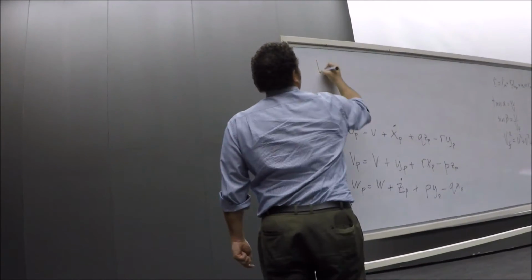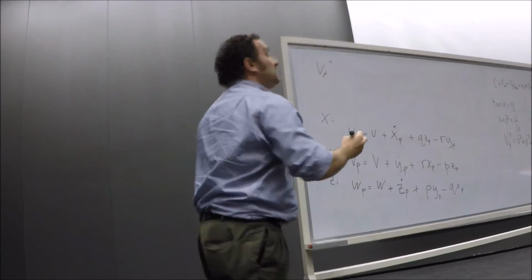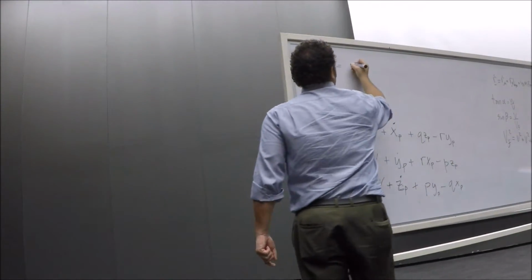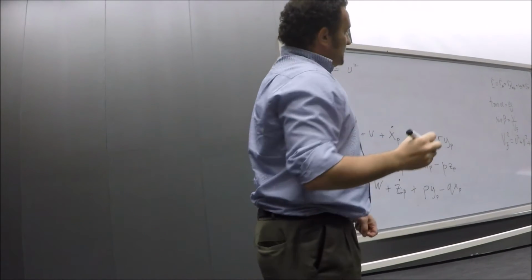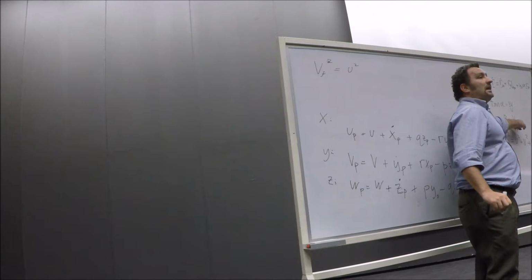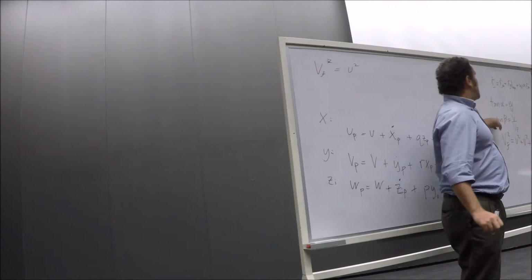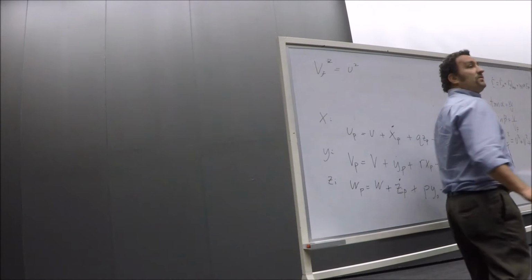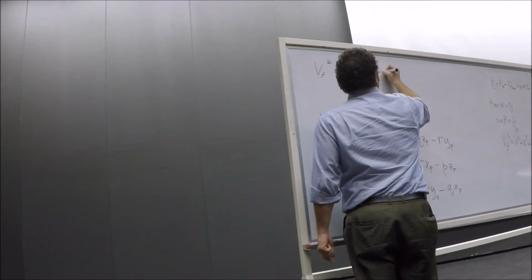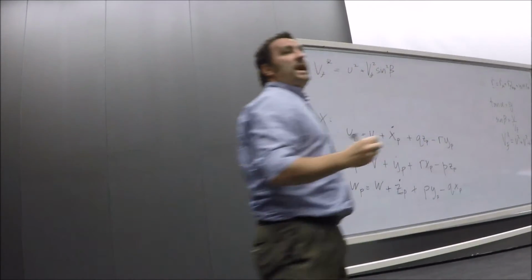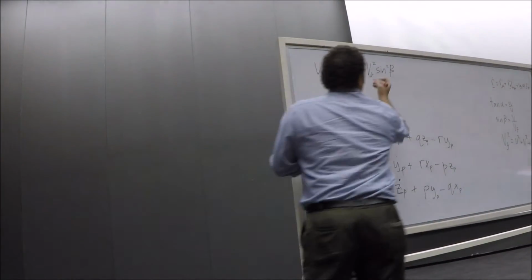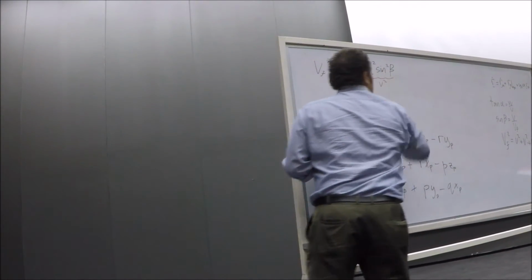So, we can write that Vf square is equal to u square, and then we have v square, but v is equal to Vf times sine beta. So v square will be Vf square times sine beta square.